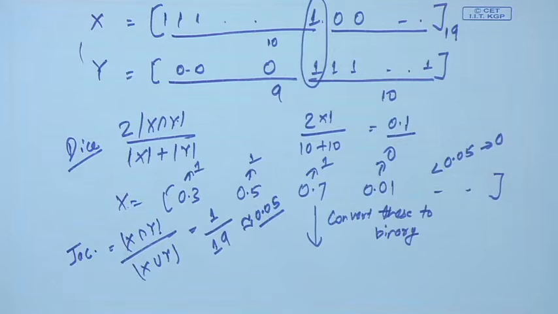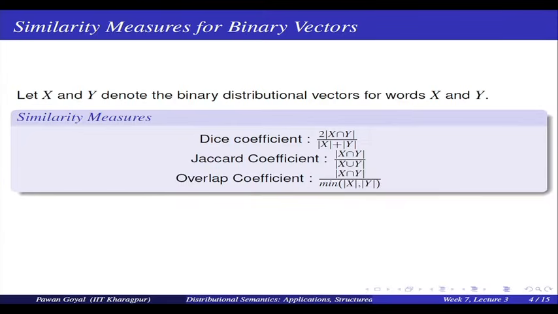Now what will overlap do? So overlap is x intersection y divided by minimum of x and y. So can you think of a scenario where overlap can become 1, but say Jaccard will not become 1? So this will happen when one of x and y is completely included in the other.